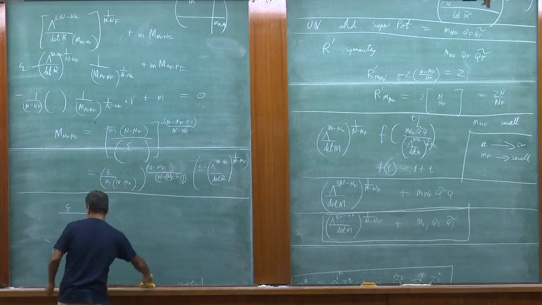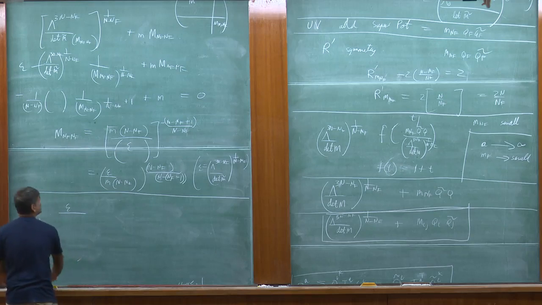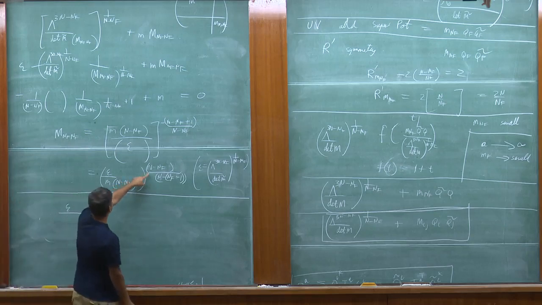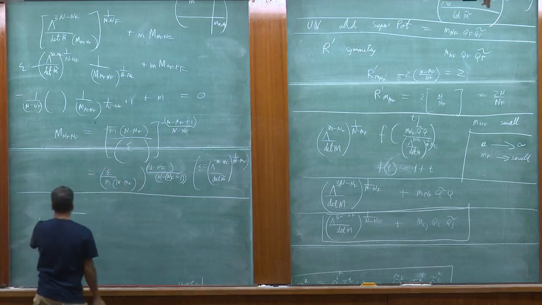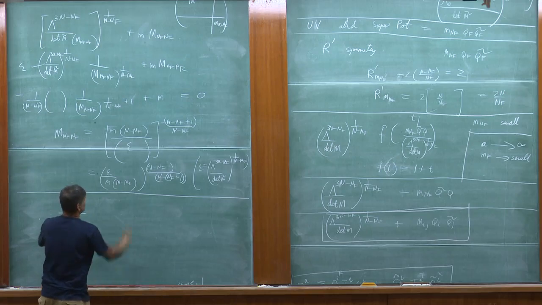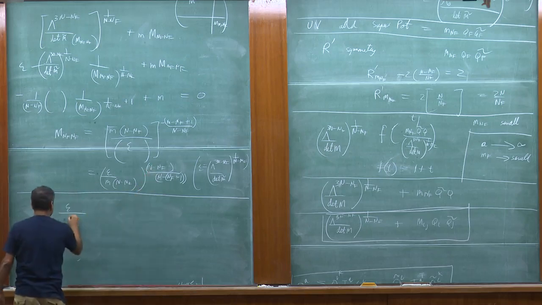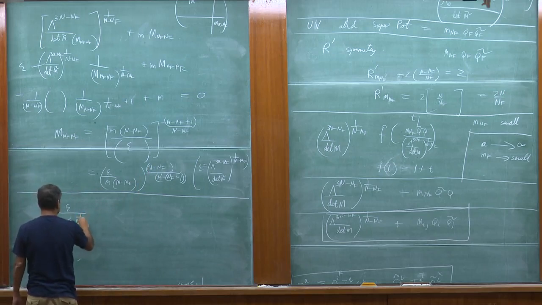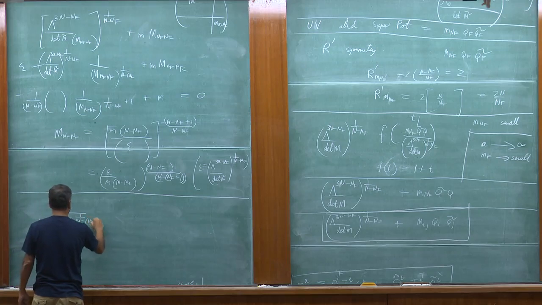Okay, so when we write this down, now you see what we need to do is to take zeta and then raise this to the power 1 over n minus nf. Right? So this cancels that, so there's a zeta to the power 1 by n minus nf minus 1.